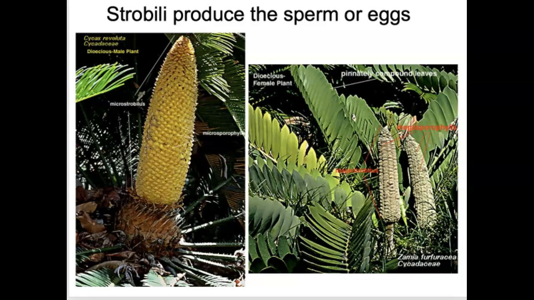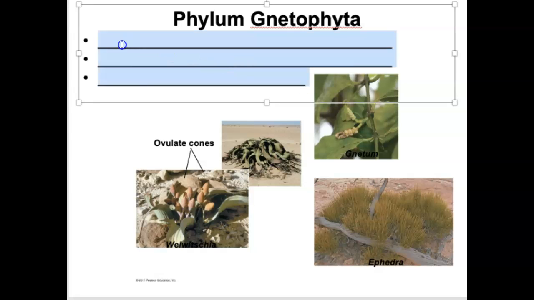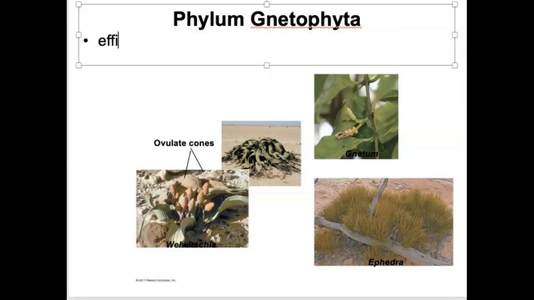So, all right. Now let's check out Gnetophyta. Now, Gnetophyta, kind of weird. Almost like a bridge moving towards flowering plants. Out of all of the gymnosperms, these guys have probably the most efficient vascular system.